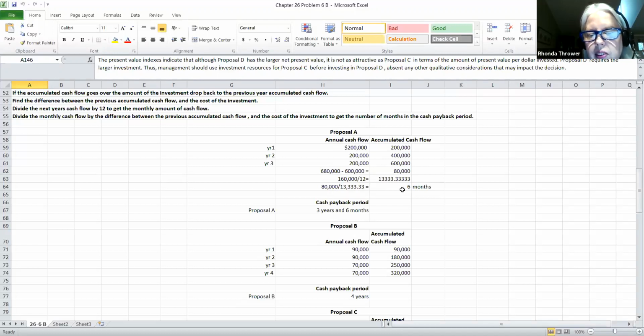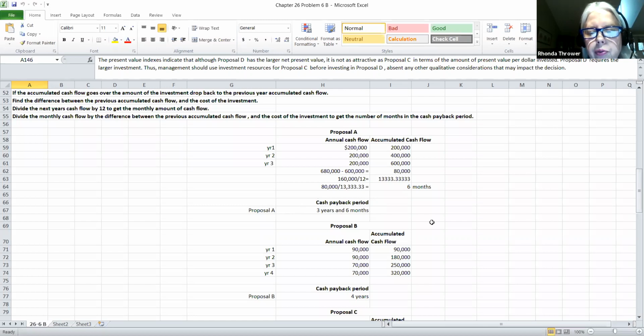So what this is telling us is that we can pay back the 680,000 in 3 years and 6 months. So under the cash payback method, we've calculated that proposal A will take us 3 years and 6 months to recover the cost of the initial investment. So that's how you do the cash payback period.